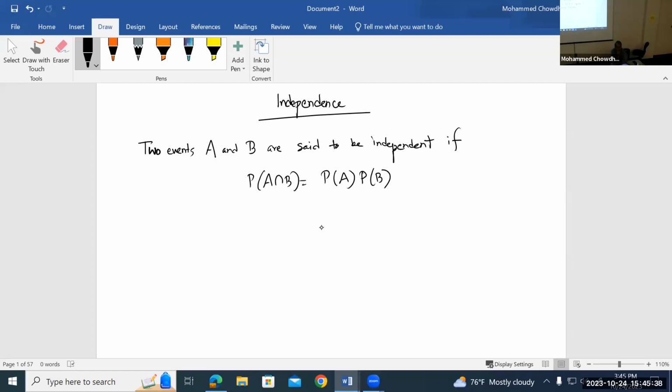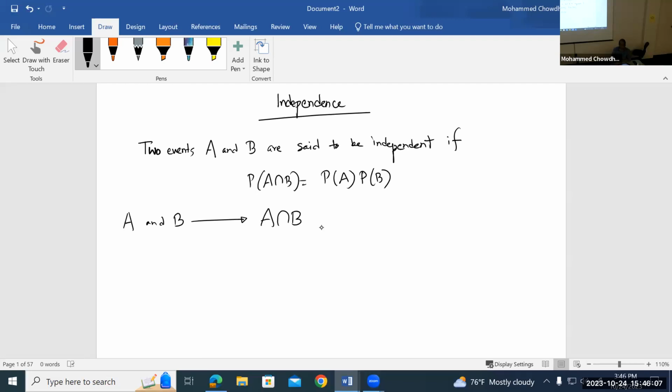I will give you an example, then you will understand, okay? This is the definition of joint probability. You remember in set theory, I discussed A and B is written like A intersection B, right?